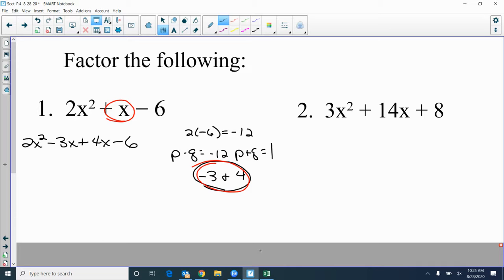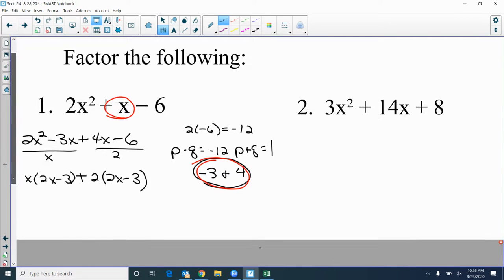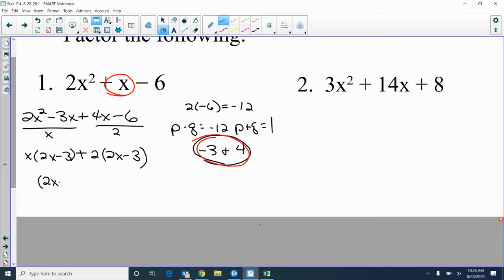And then we group. You group the first two, group the last two, and I get an x, a common factor there. And I get 2x minus 3 plus a 2 is my common factor there. 2x minus 3. And I get 2x minus 3 times x plus 2.